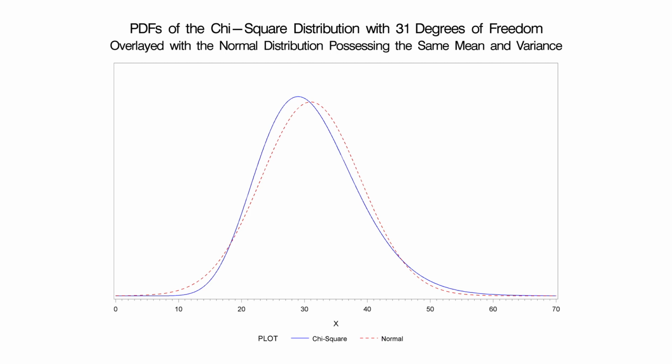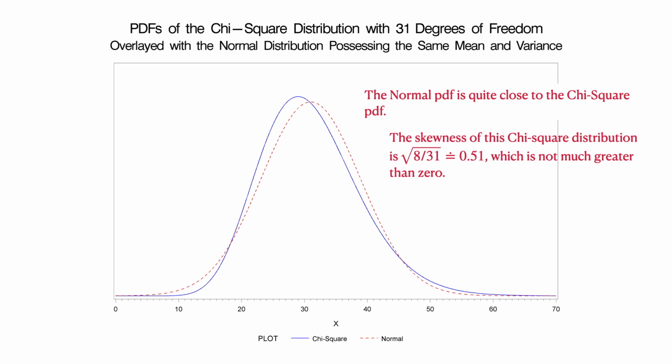The blue curve is the chi-square PDF, and the red dotted curve is the normal PDF. You can see here that there is some skewness to the blue curve, however, there's not much. The normal PDF, the red dotted curve, is quite close to the chi-square PDF.